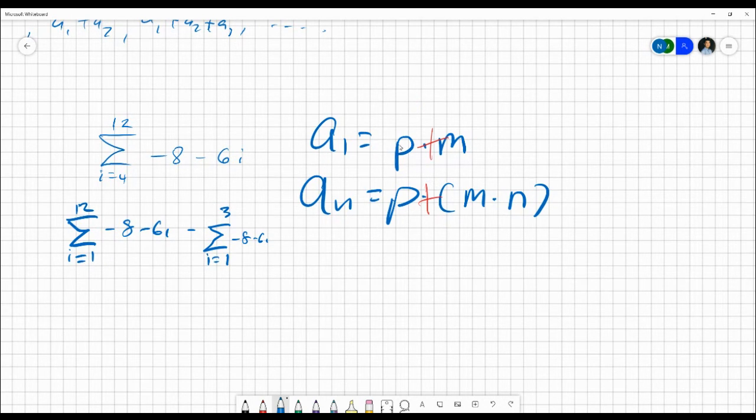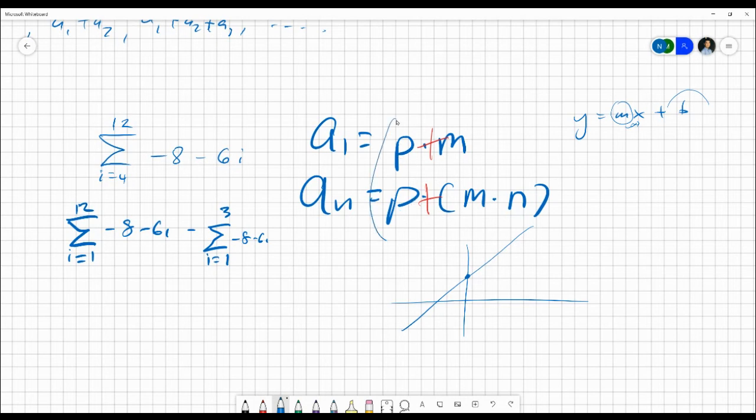Think of this as y equals mx plus b. So b is your initial value that you want to add, and m is your slope. So you're multiplying it by how many times you go up, because this is nothing more than a straight line.